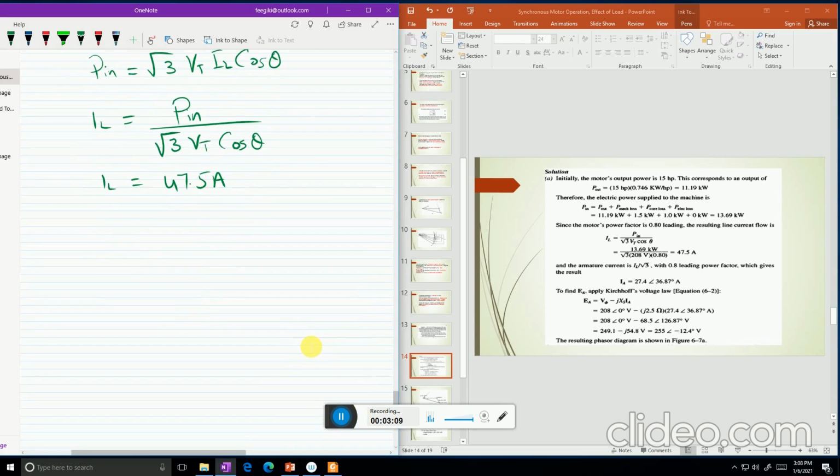As the motor is delta connected, IA will become 47.5 divided by root 3, which is 27.4 ampere leading.